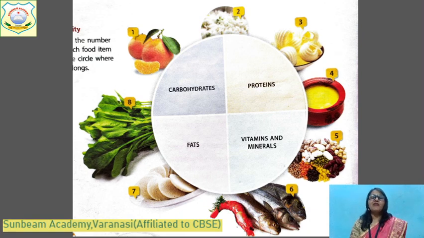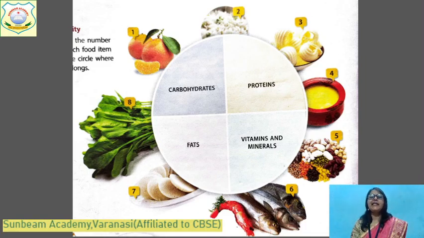Yes, children, what are carbohydrates? Carbohydrates are known as energy giving food. Food that gives us energy is called carbohydrate. What are the rich sources of carbohydrate? Rice, chapatis, they are the rich sources of carbohydrate. And what are proteins? Proteins are bodybuilding food.